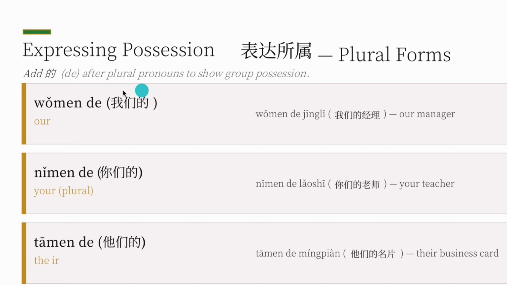So you say, 我们的老板, our boss. 你们的, your for plural. 你们的老师. 老师 means teacher. 你们的老师, your teacher. 他们的, which means their. 他们的名片, their business card.